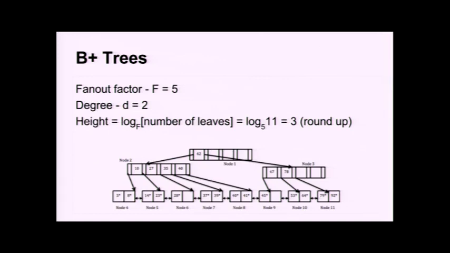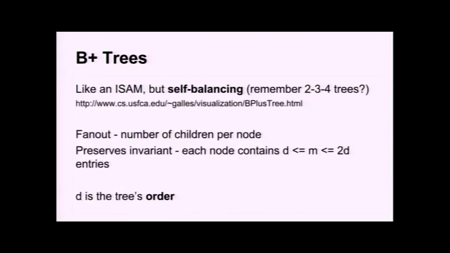Any other questions about B plus trees? So the degree is defined per B plus tree, and it's an invariant that we describe to hold for that B plus tree. That invariant is that any node in our B plus tree can contain no less than D and no more than 2D entries.